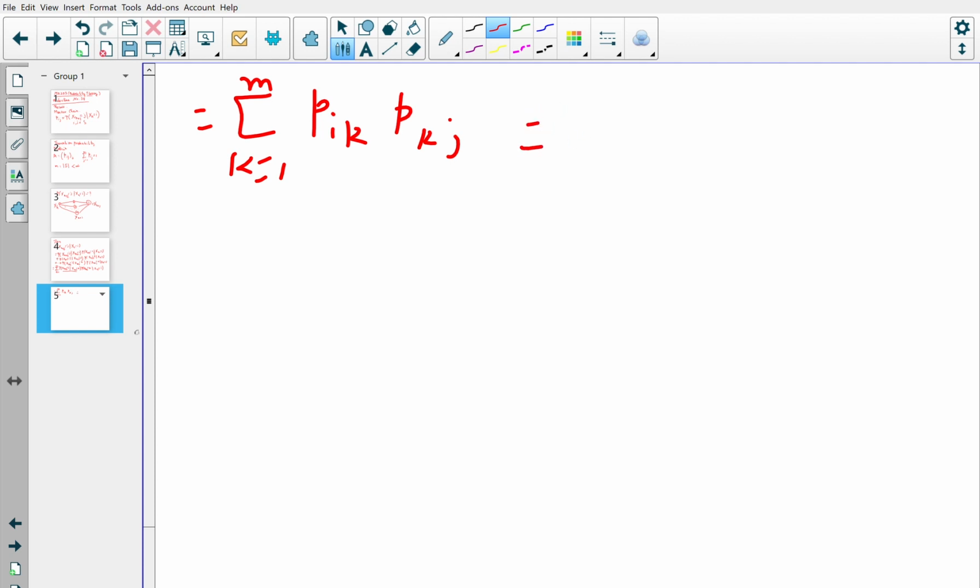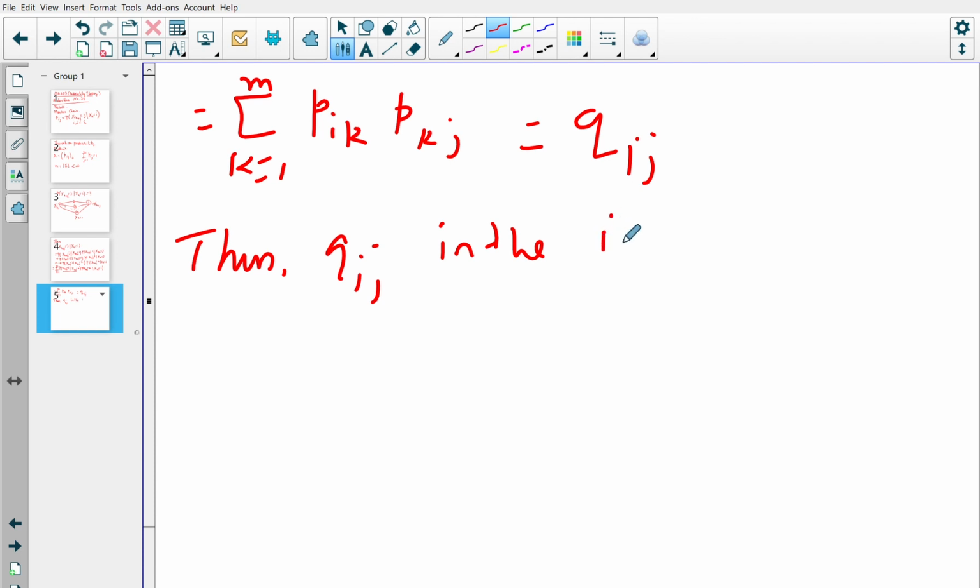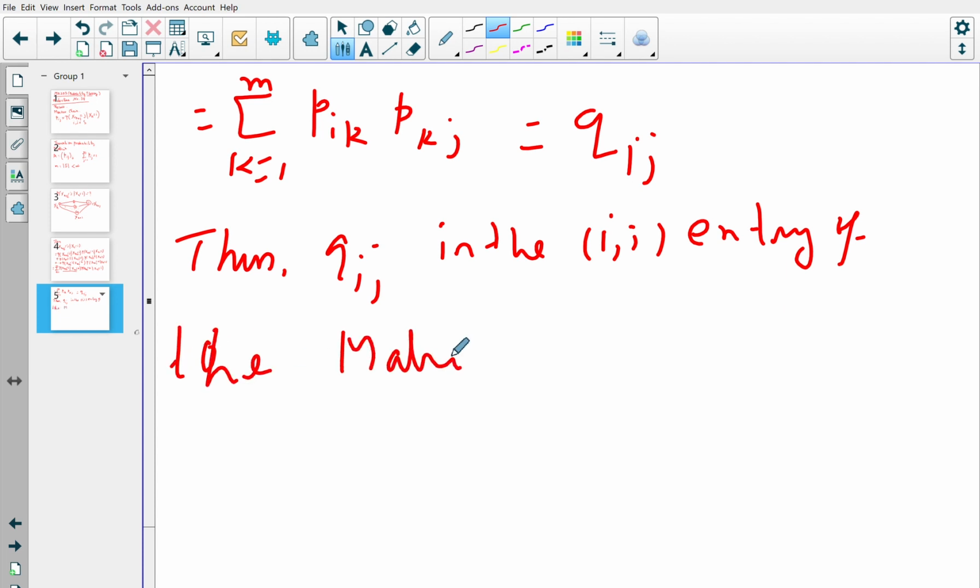Suppose this is q_ij. Then q_ij is the (i, j)th entry of the matrix A squared, where A is the transition matrix.